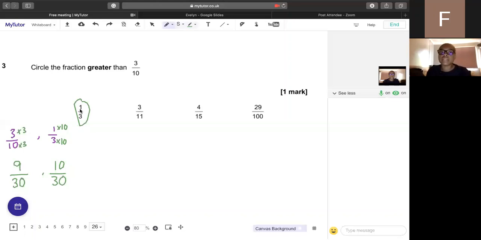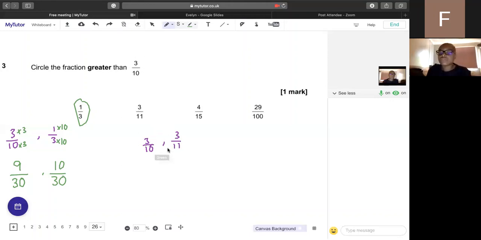Now, if we tried it with each of the other ones, like if I show you a quick example with the next one. So if we were to do 3/10, if I change the colours back as well quickly. If I was to do 3/10 and 3/11, we'll see what happens, since this one was quite quick. So a common multiple with 10 and 11 would be just multiplying the two of them together.